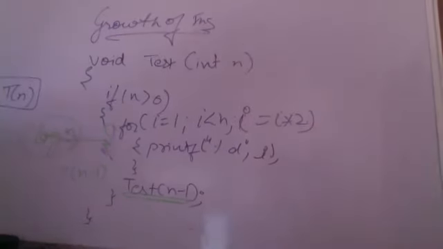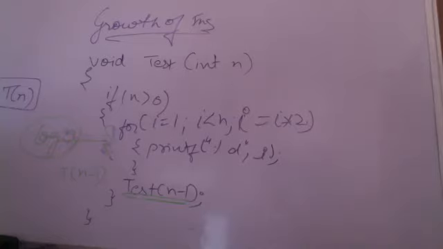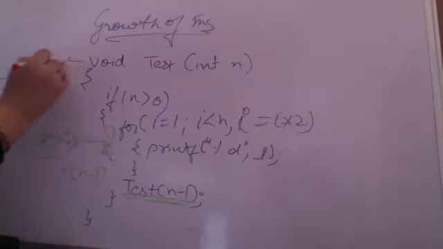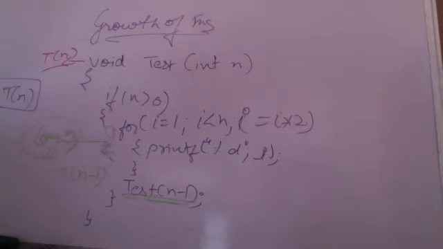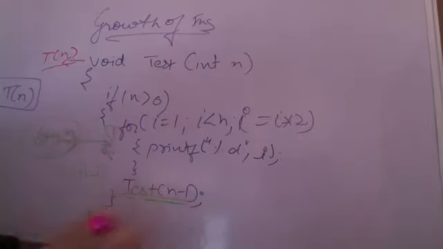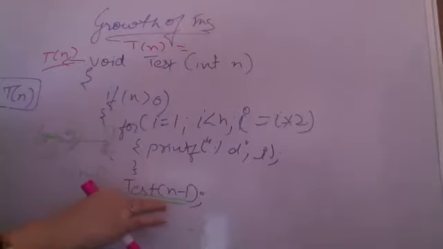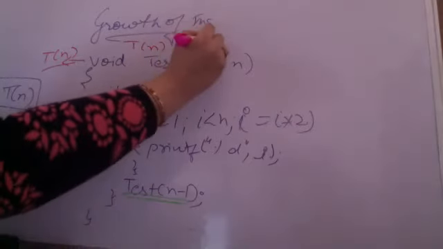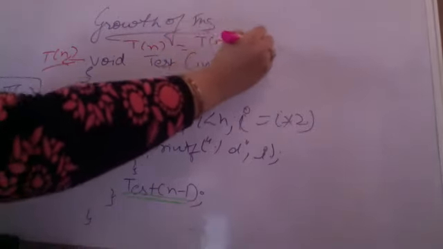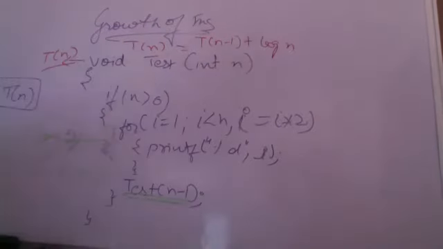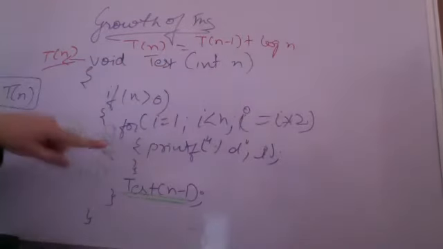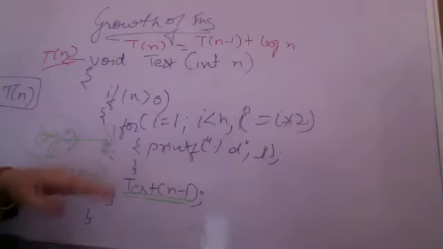And how many times is this going to happen? If this is going to take T of n time, then how can I say what is T of n? I can say for this particular function, T of n is equal to T of n minus 1 plus log n. Why am I doing a plus log n here? Because they are statements in sequence.